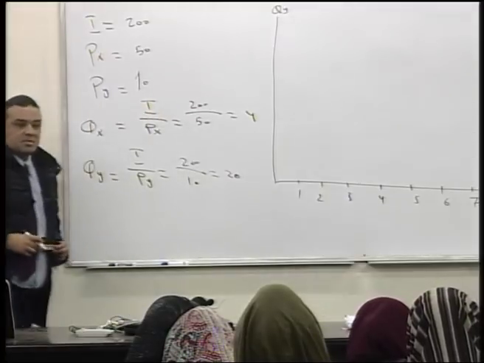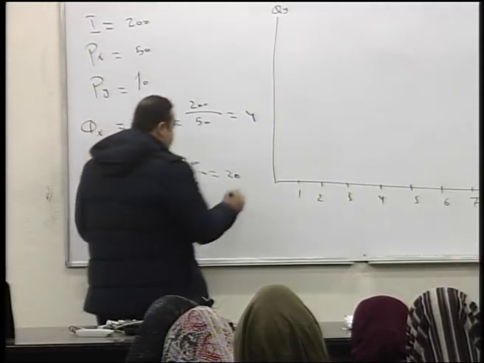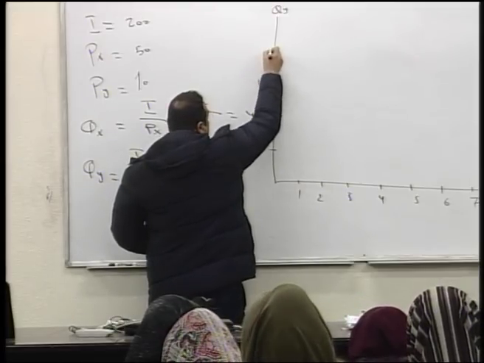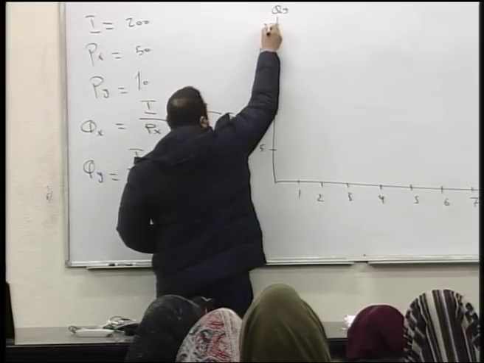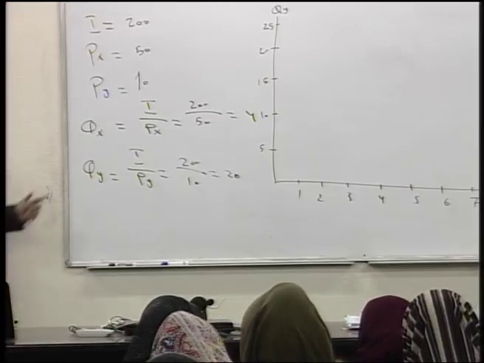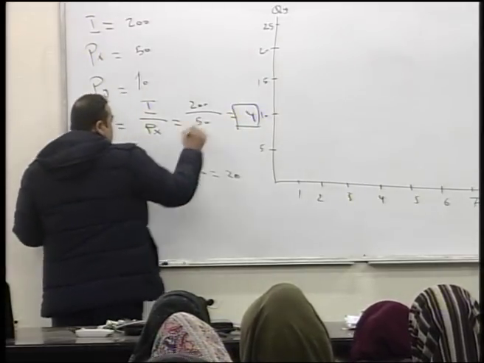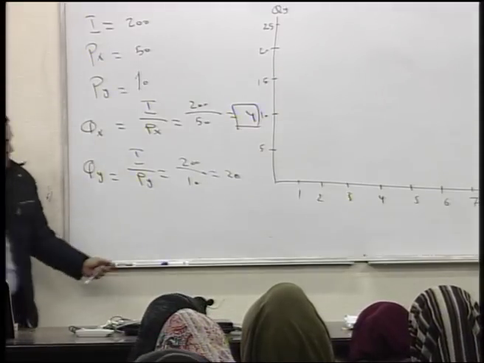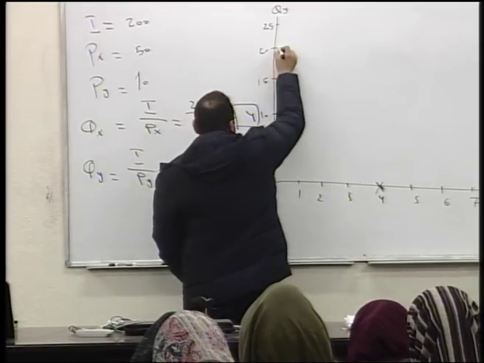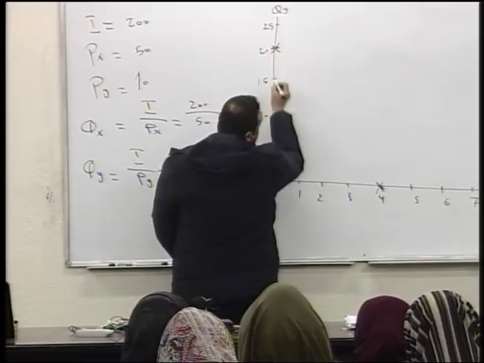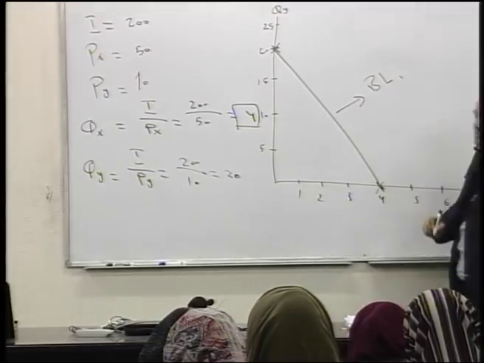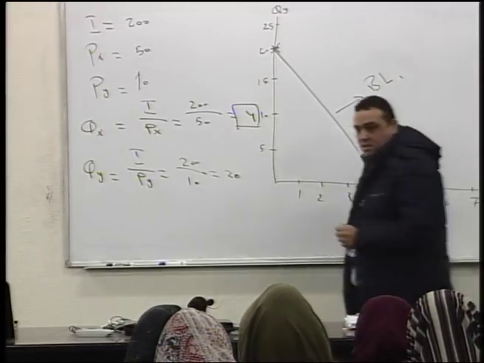And the quantity consumed of Y, let us assume 5, 10, 15, 20, 25. The budget line can be derived here at quantity of X equals 4, and the quantity of Y equals 20 units. If we connect these points here, we'll reach the budget line. This is the budget line here.